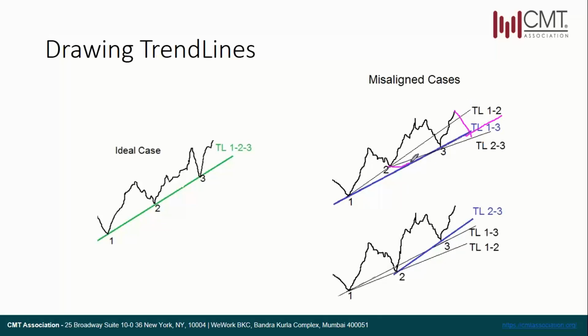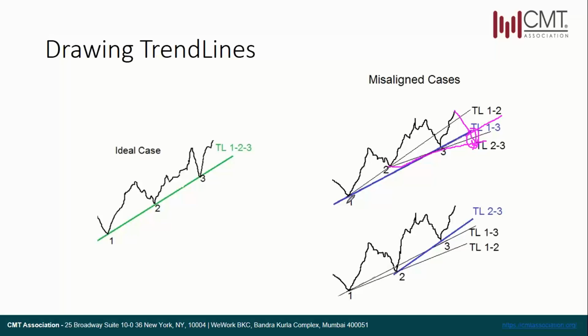Whereas if I am looking at the trend line joining 2 and 3, I would not be getting any sign of weakness before this point. So there is always going to be this kind of a gap, and the trend line which is more ascending, more inclined in nature, would always give me an early exit or a shorting opportunity.